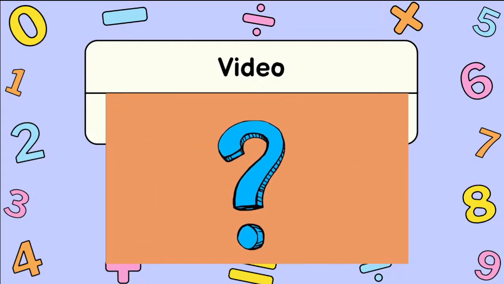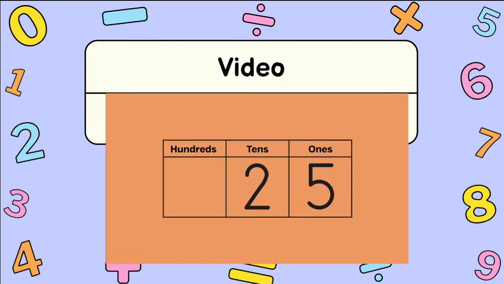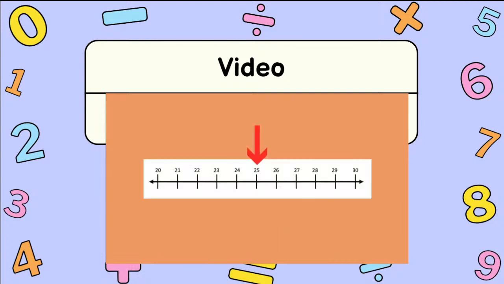What about a number with a 5 in the ones place? 25 is between 20 and 30. 25 is 5 away from 20. 1, 2, 3, 4, 5. 25 is 5 away from 30, too. 1, 2, 3, 4, 5.